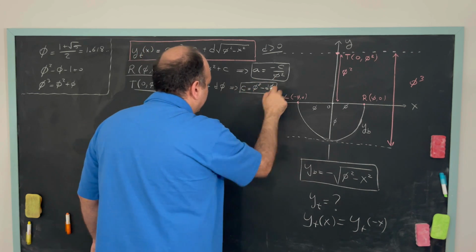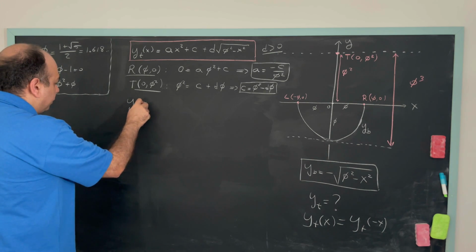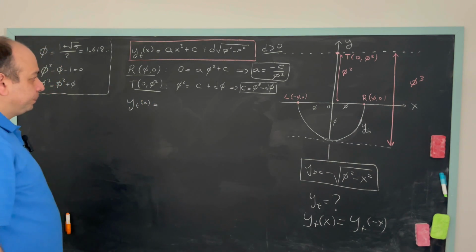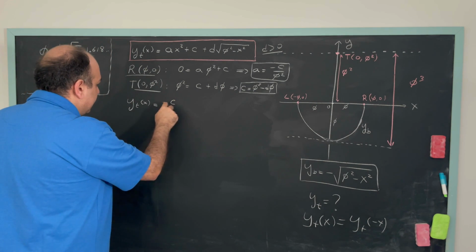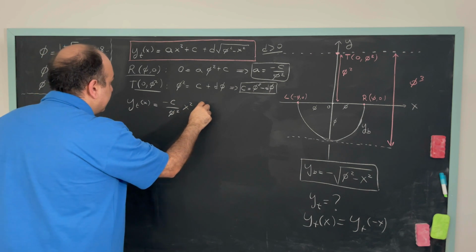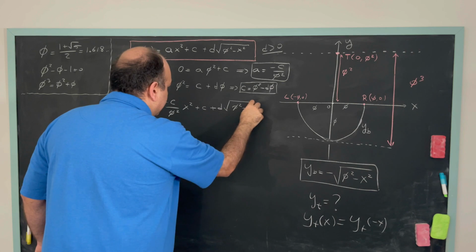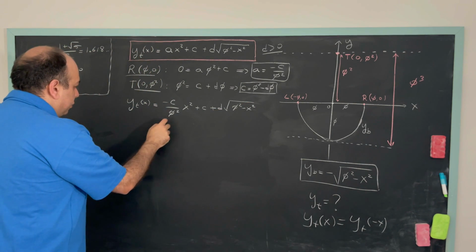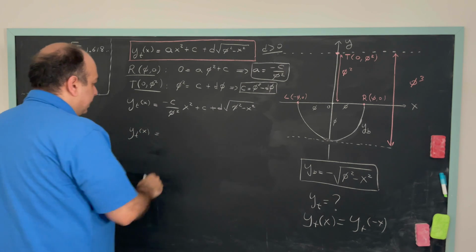In the end, what I can write is y of top of x is equal to a, minus c over phi square, times x square plus c plus d square root of phi square minus x square. So I can use the common parentheses for c.